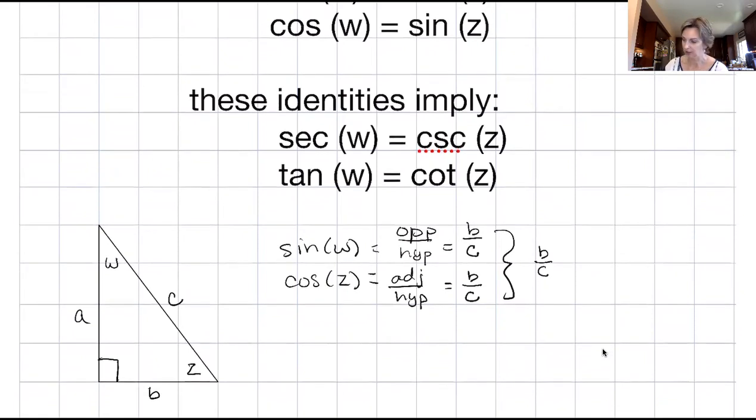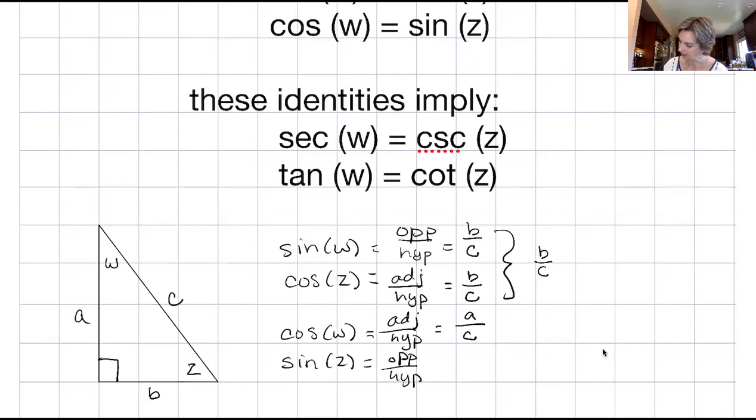Is the second one also true? Let's just check that out, right? Cosine of W and sine of Z. Is that statement also true? Cosine of W would be adjacent over hypotenuse. Adjacent to the angle W is A. The hypotenuse is C. And for sine, opposite over hypotenuse.